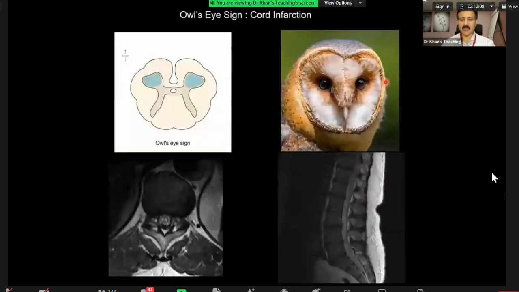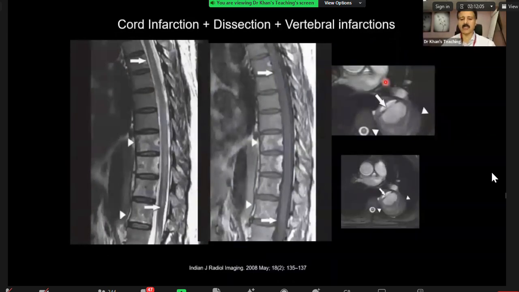In the exam, they have shown this kind of case, a long case in which there is a dissection, and with that, look at what is happening inside. There might also be some abnormal signal in the vertebral bodies. So this is a sort of long case which you can get in the exam.